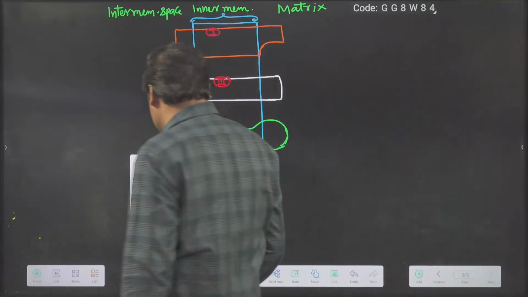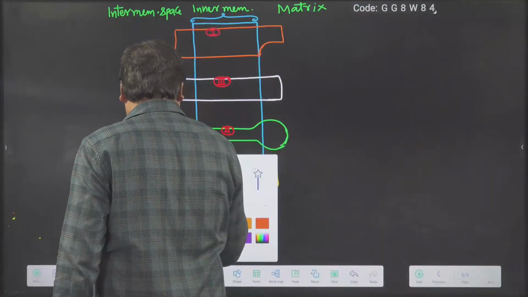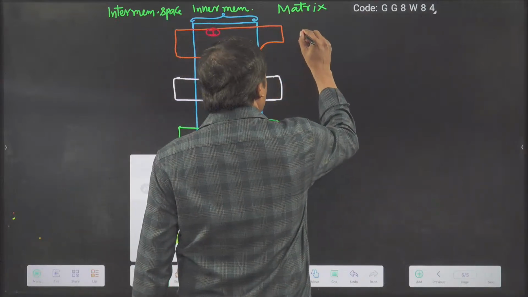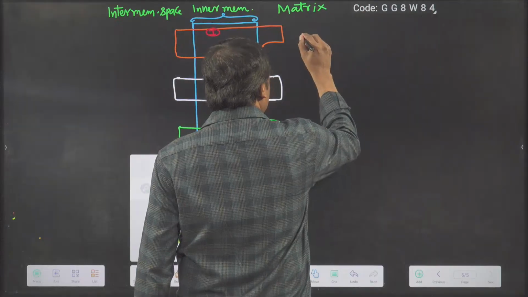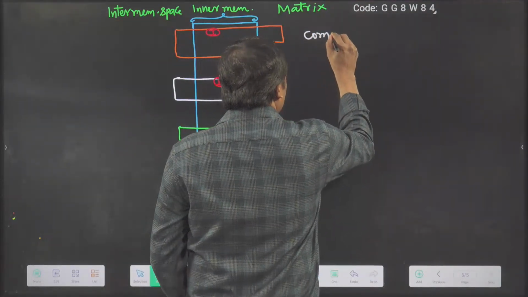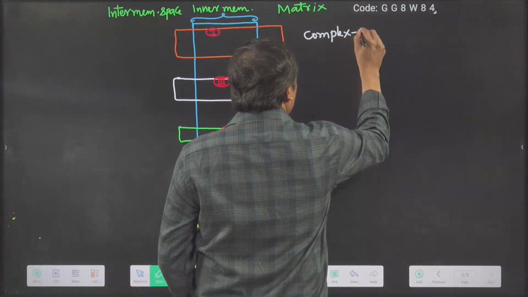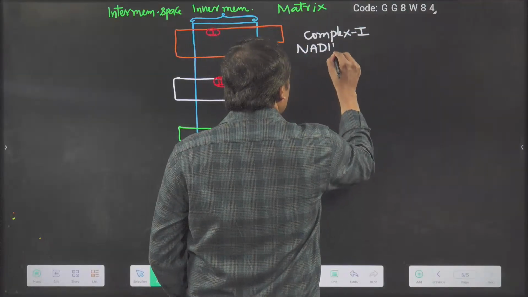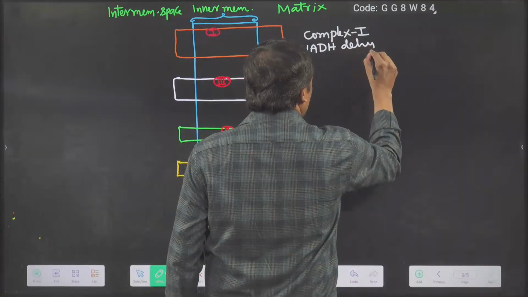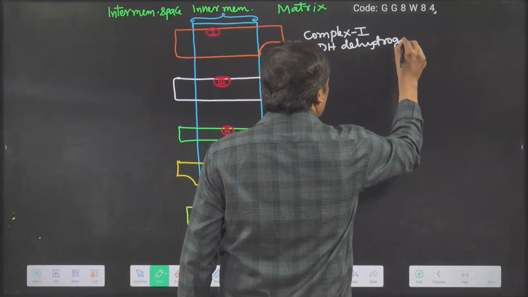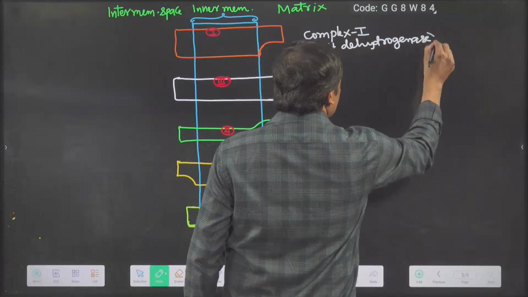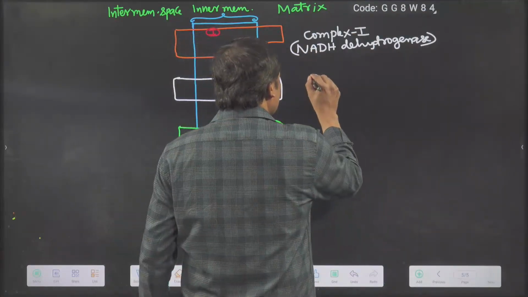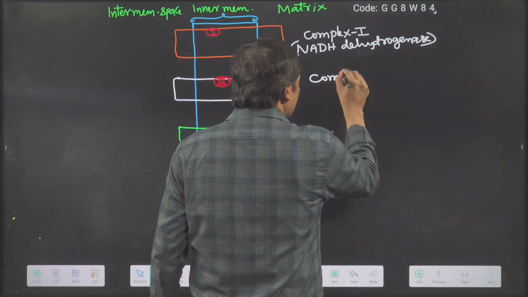First complex. This is complex 1, as I said. This is the NADH dehydrogenase complex. And this is complex 3.